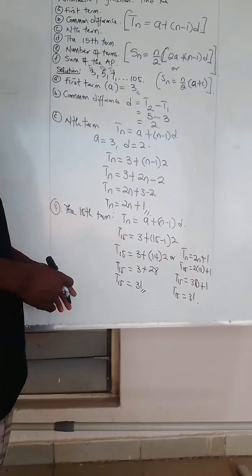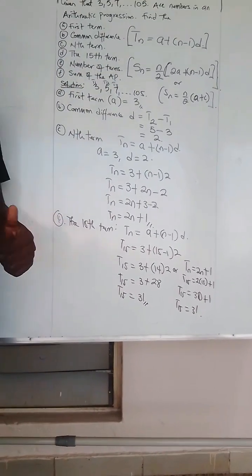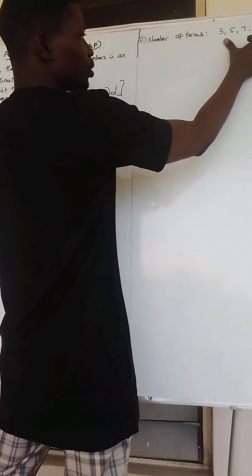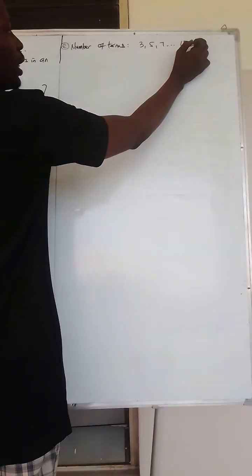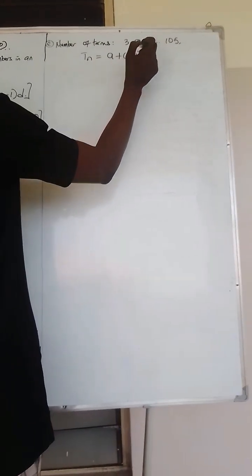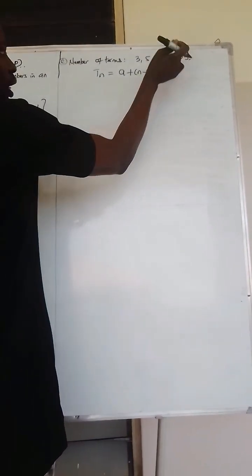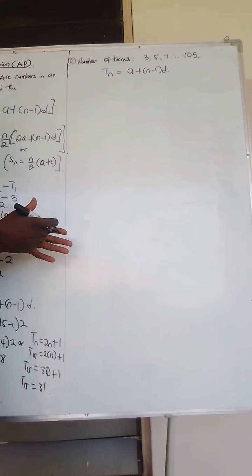The fifth question is the number of terms. The number of terms, this is telling us that the AP ends at 105. So if we're going to be doing that, Tn is equals to a plus (n minus 1)d. Okay, in this case, we don't know the term in which 105 stands.